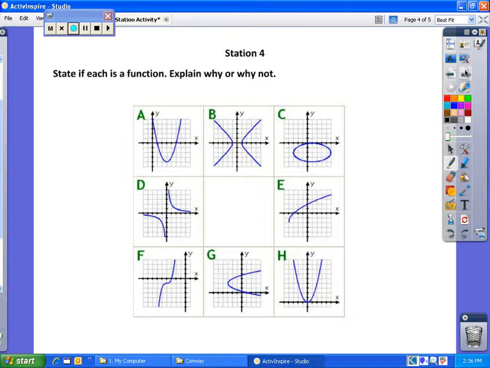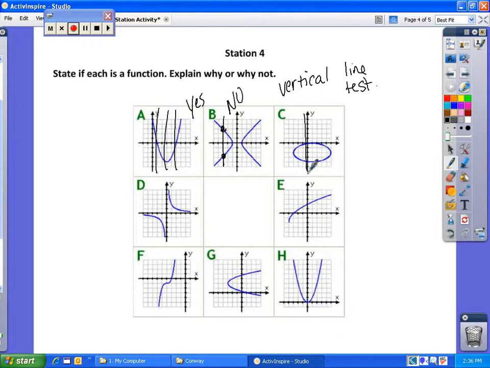Station 4, state whether each of these is a function, and explain why or why not. For all of these, you're just going to use the vertical line test. Okay? So, vertical line test, yes. Vertical line test, hits here and here, so that's a no. Vertical line test, no. Vertical line test, yes, this passes.